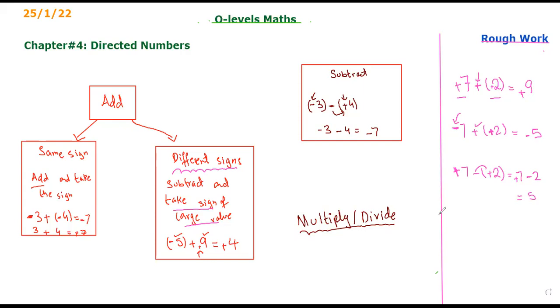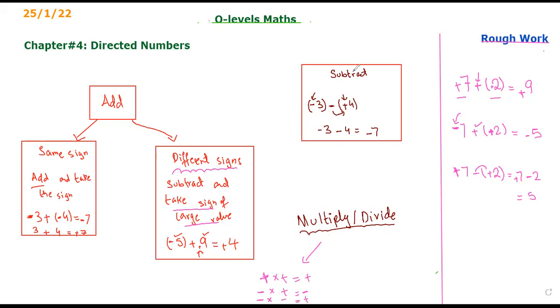Okay, all right. Now when we are multiplying, we should know that plus into plus would be plus, minus into plus would be minus, and minus into minus is plus, right?